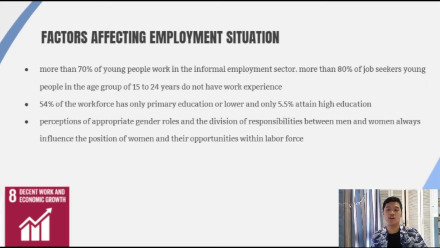Okay, so in the former slide, you guys wondered why the young age group has lower EPR than the older one. When a company wants to recruit young people, they usually require some work experience, but more than 80% of job seekers, which are young people between age 15 to 24, don't have it.